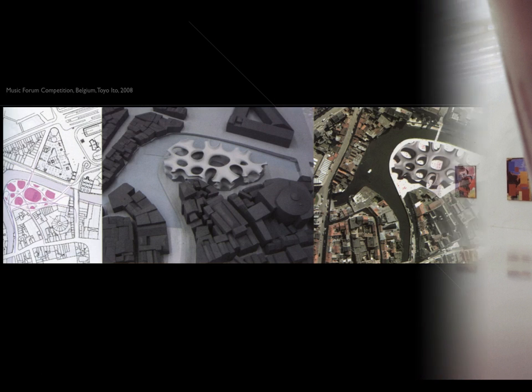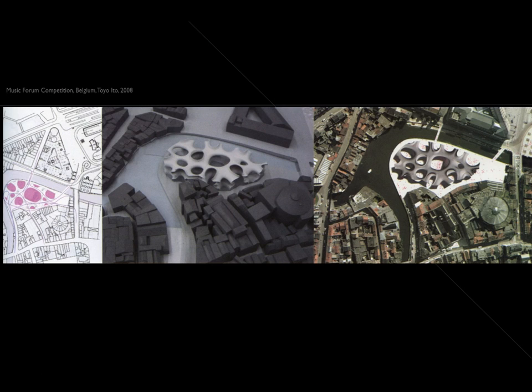Another of his unbuilt projects, a competition which I think he won, is for a square in Belgium, a music center or forum. And he took the same kind of new, very thin membrane wall, now in 3D form, to develop the project.